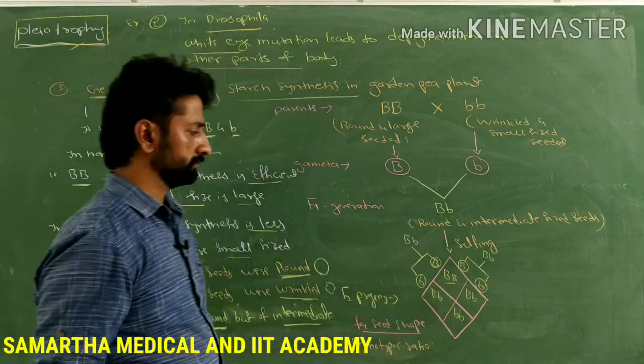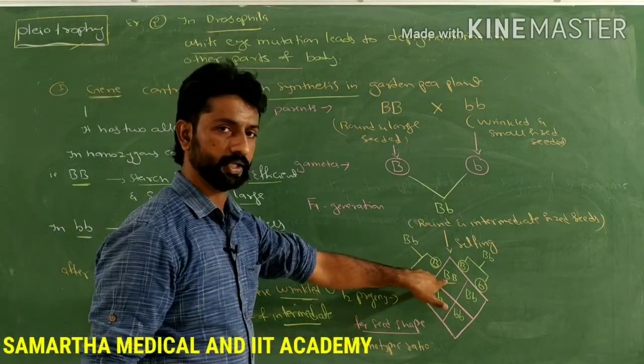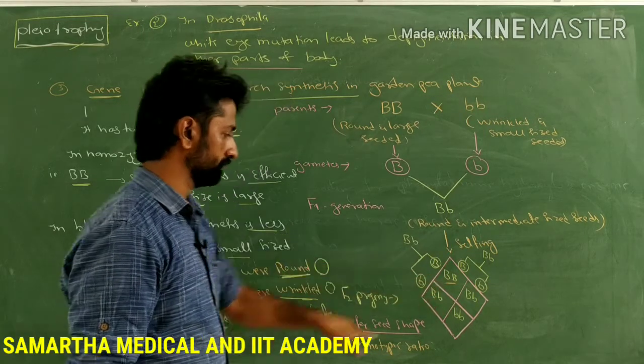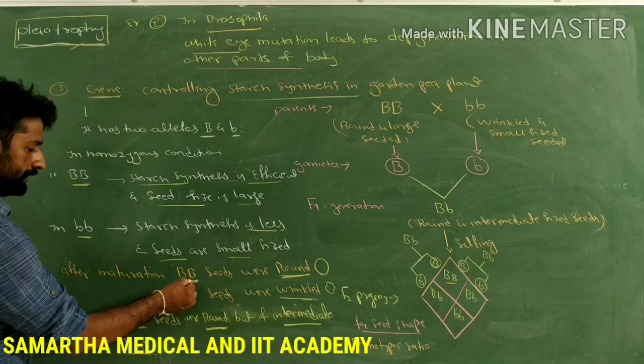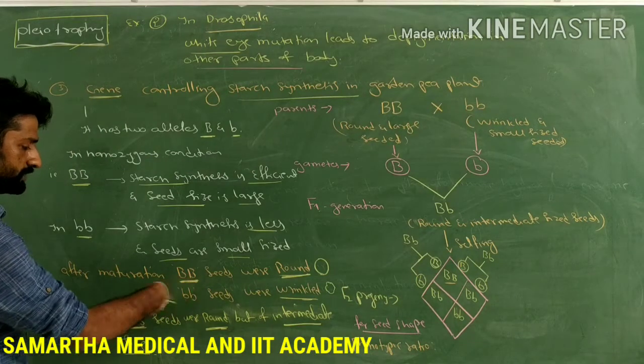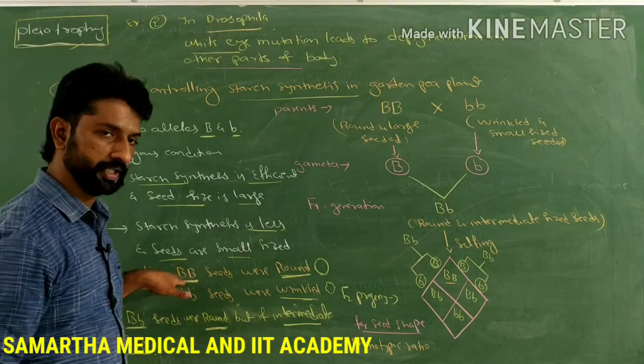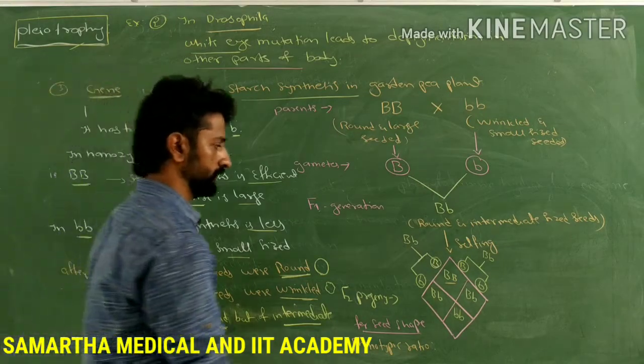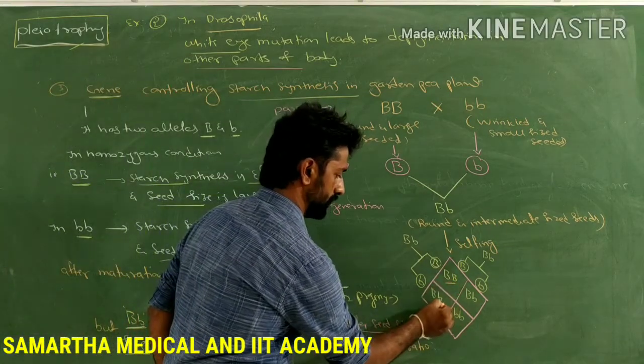When a single dominant allele B is present, whether in heterozygous or homozygous condition, if a capital B is present, those seeds will be round shaped. So how many are round here? 1, 2, 3.